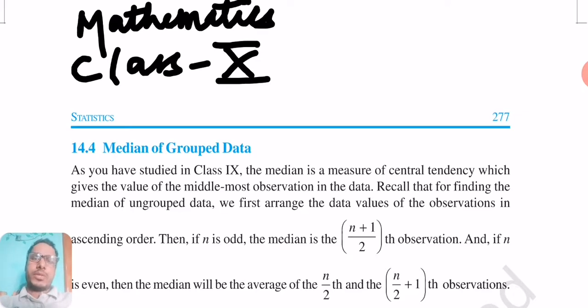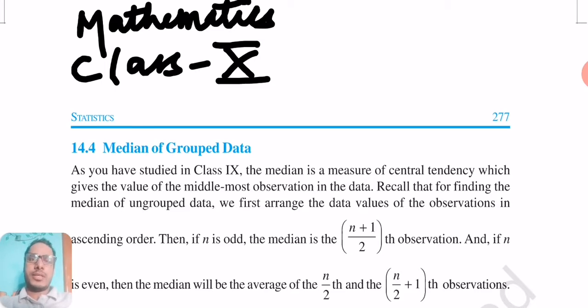Today I am going to start with the next topic of statistics, from Mathematics of Standard 10th. Before we start, let us do some recaps. Earlier to this class, we have done how to find the mean as well as the mode of grouped data.